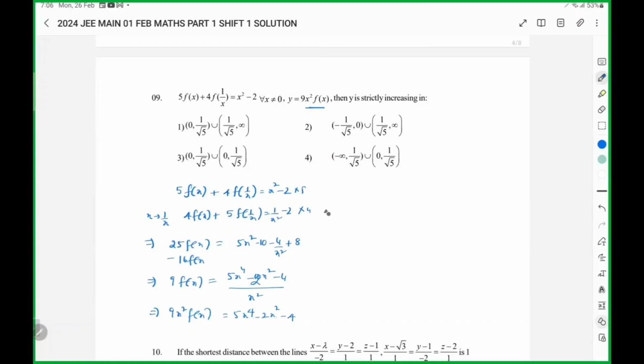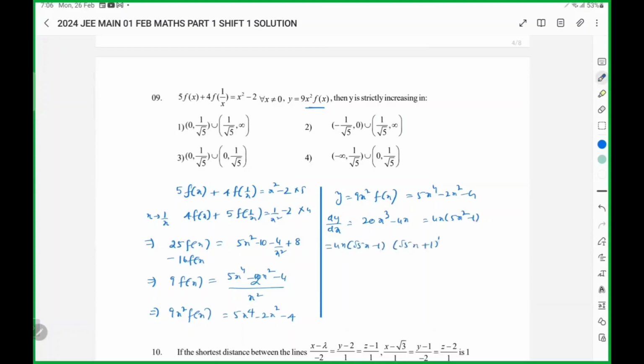So here we assume that y is 9x square f(x), which is 2x square minus. For increasing, we have to check dy by dx, 4x, you take common. So 4x into root 5x minus 1. So these are all odd powers.